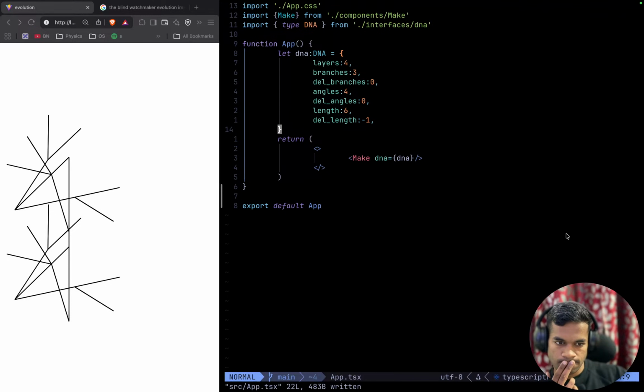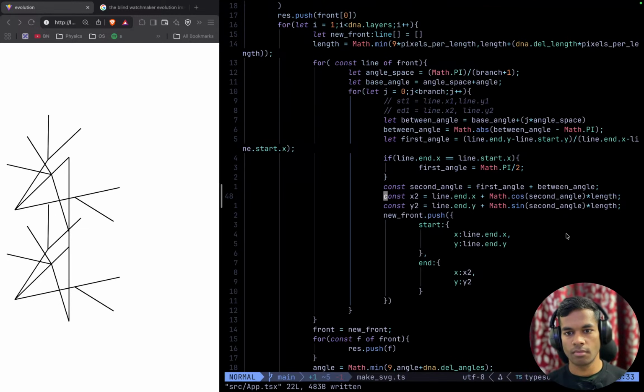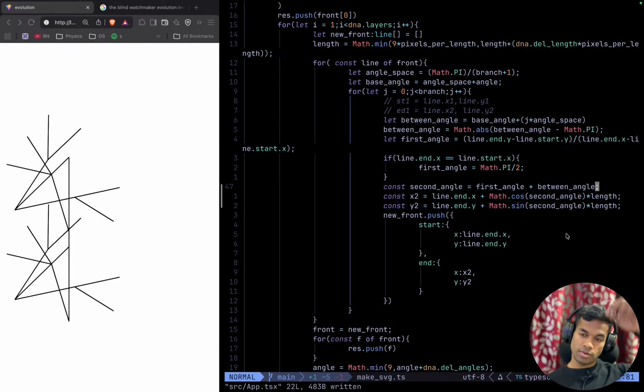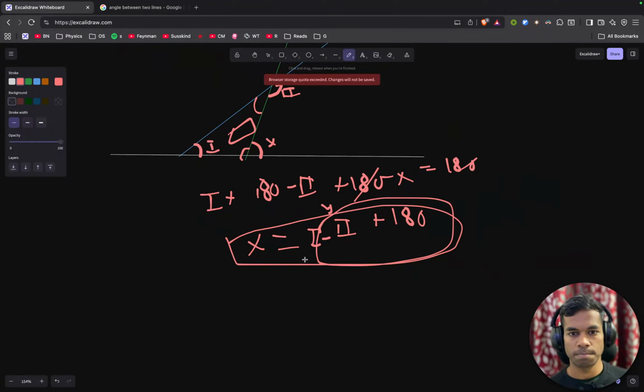Second angle plus between angle. This should work.